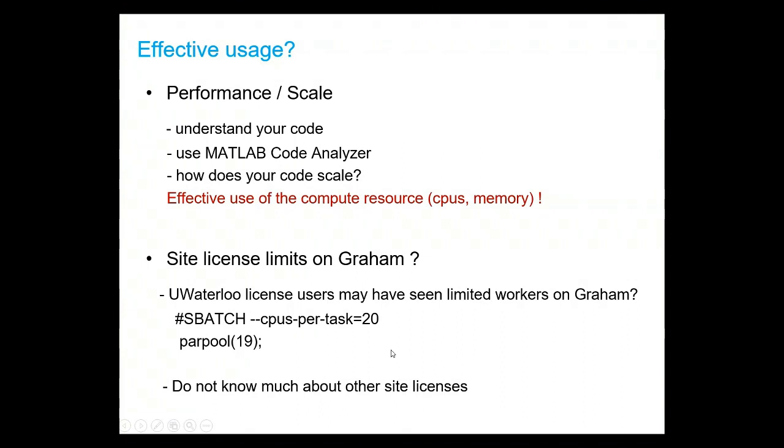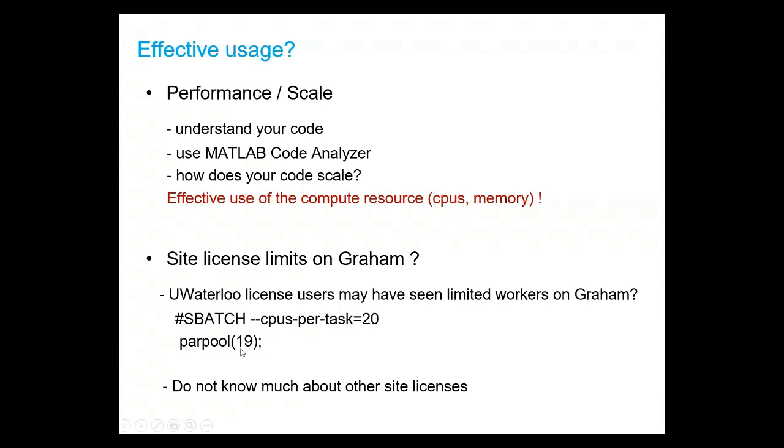So the safe number is, I will say, 12. I tried many times to allocate 20 CPUs, and if you want to open a pool of 20 on RAM using the UW license, it will never work.